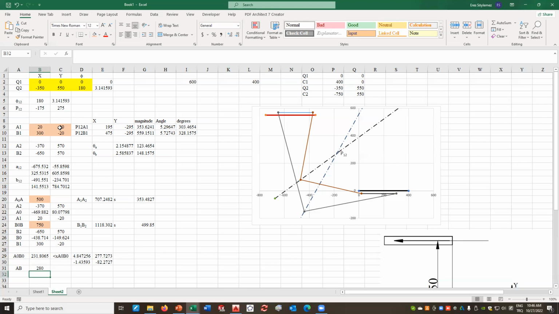Otherwise, there's a dead center, so it will flip over and go back.